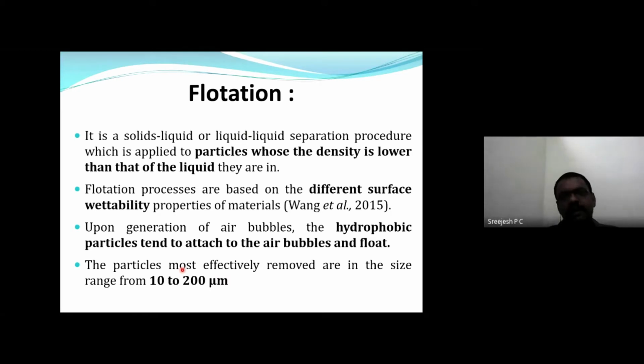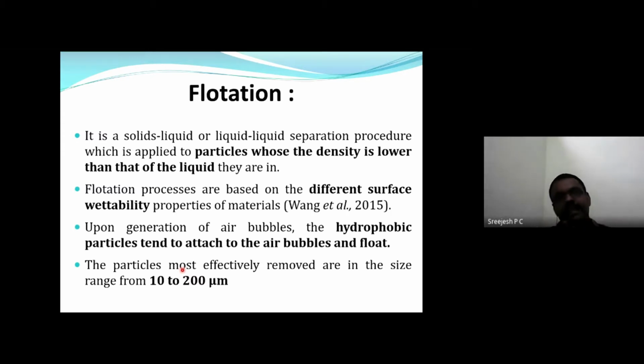Coming to more details about flotation. Here, the particles whose density is lower than the liquid are mainly removed. I told you it is a solid-liquid separation, or we can even use it as a technique for separating liquids.